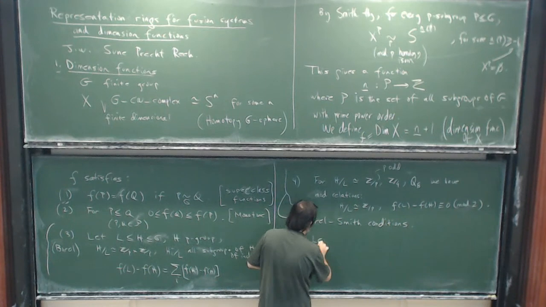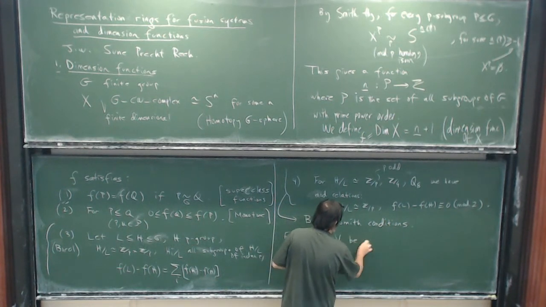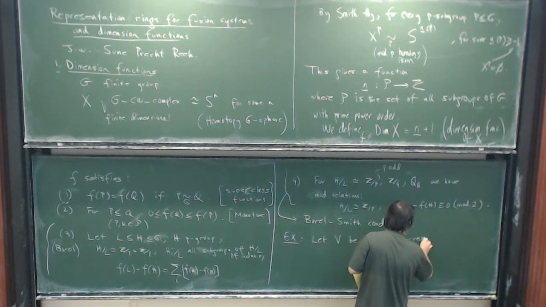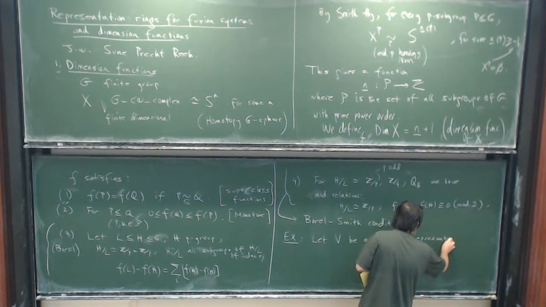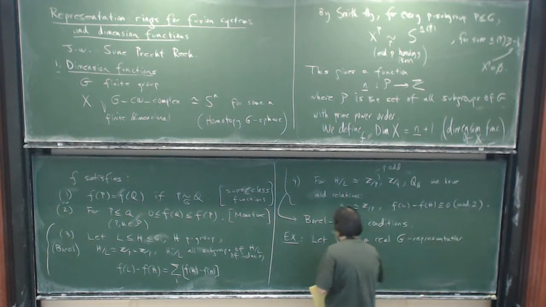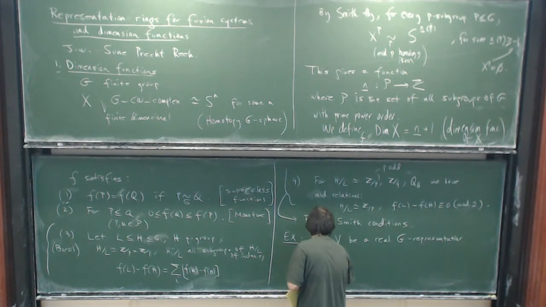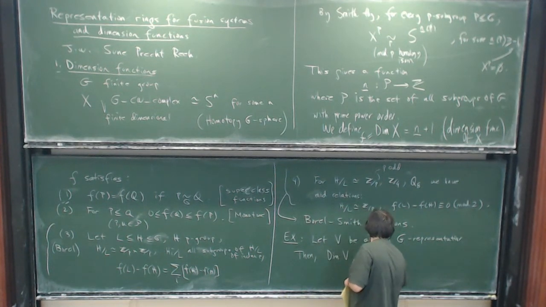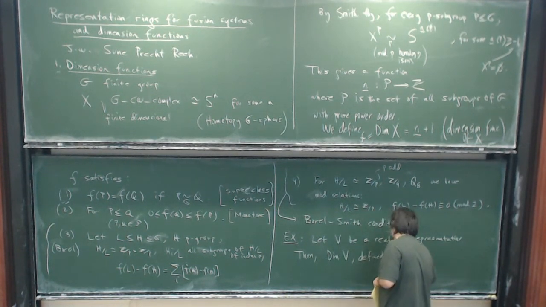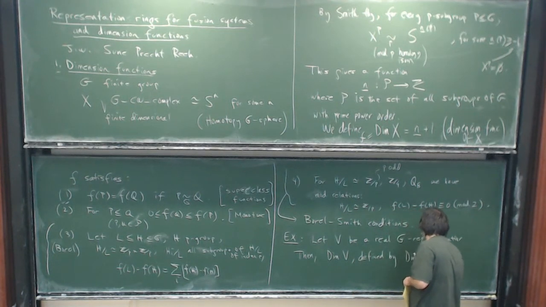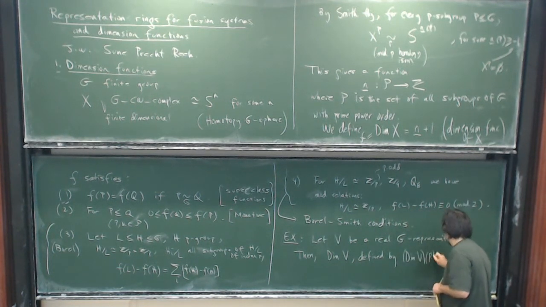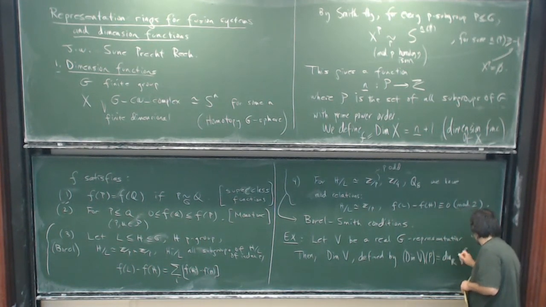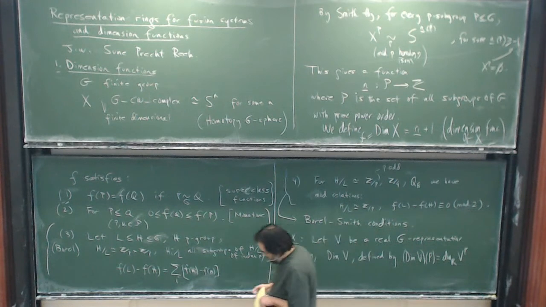So if you take a real G representation, then you can define dimension V, defined by, so at H or at P subgroups, this is the dimension of the invariant subspace.